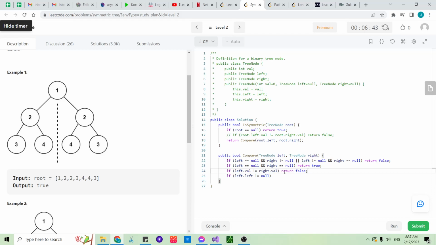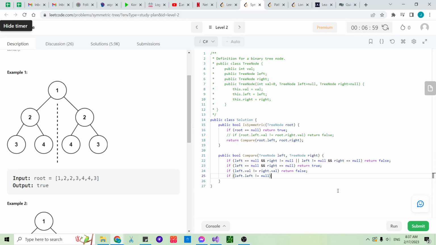So that should take care of all the cases if any of them is null. Okay, so now if they are not null, then we can do value not the same, return false.